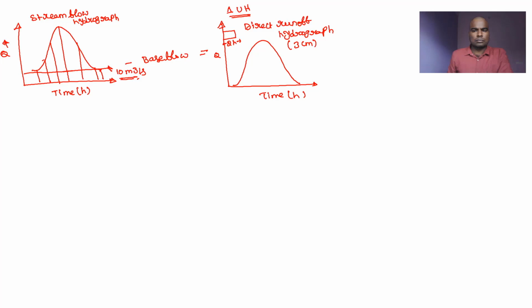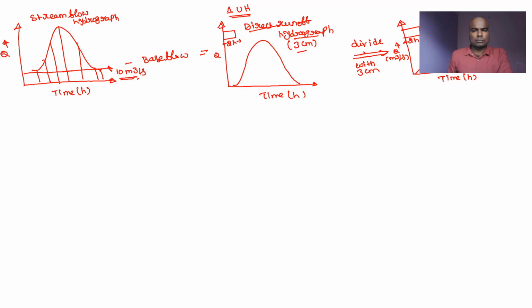So to get a unit hydrograph of 2 hours, we need to divide this direct runoff hydrograph by 3 centimeter. This is our unit hydrograph.